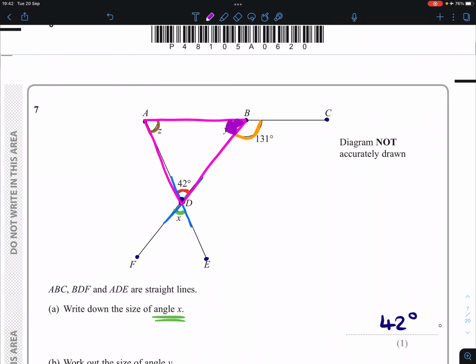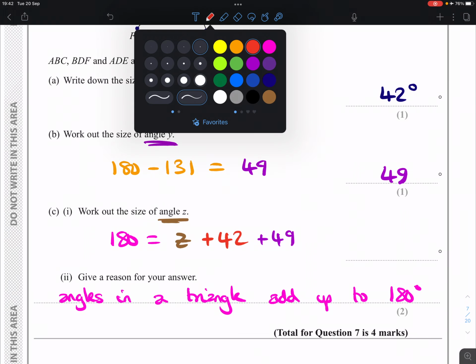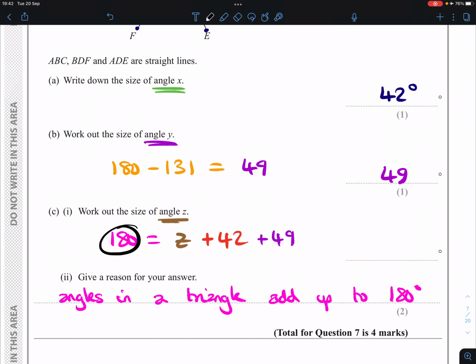I'll just color it in here so it's more obvious. We have a red angle. You can add all of them together to get 180. In terms of rearranging this, however you do it, as long as you do 180, subtract 42, subtract 49, or if you add these two numbers together first and then take it away from 180, it doesn't really matter. As long as you do one of those two ways, by taking them away like so, you're going to end up with 89 degrees as our answer.